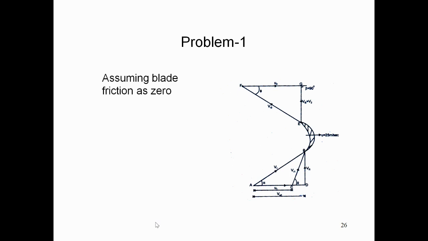Next, assume blade friction as 0. So VR1 is equal to VR2.